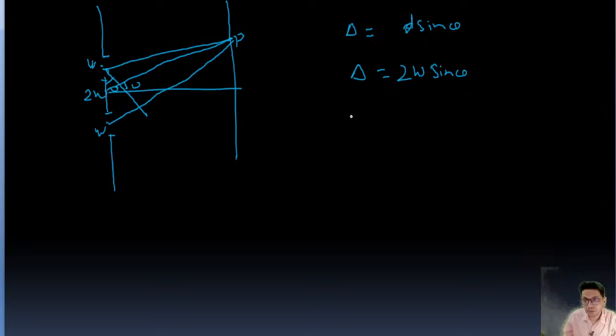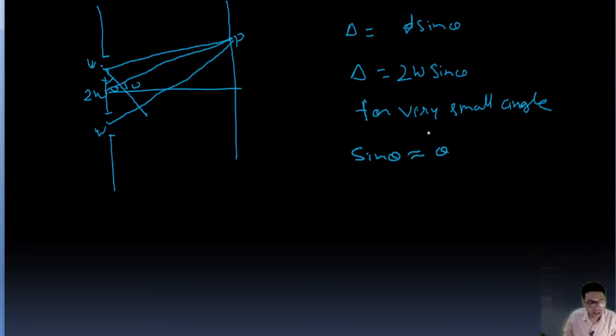For a very small angle, sine theta is almost equal to theta. So delta is going to be 2 omega theta.